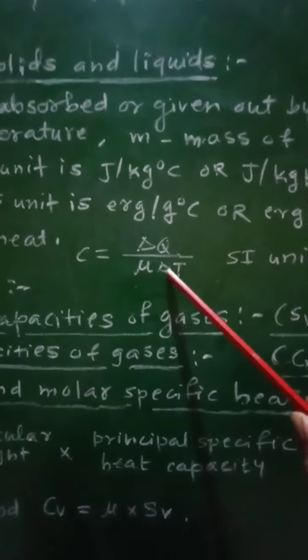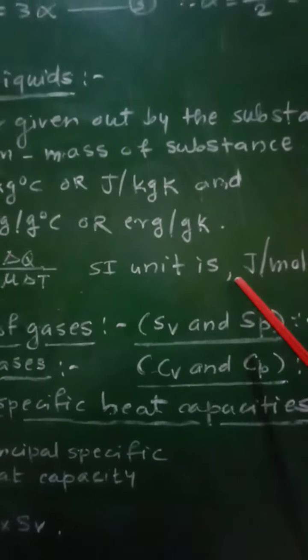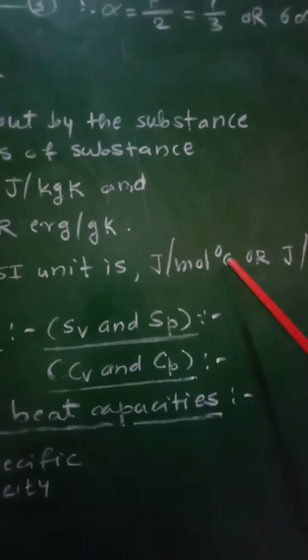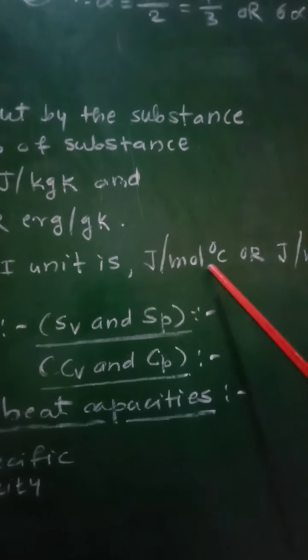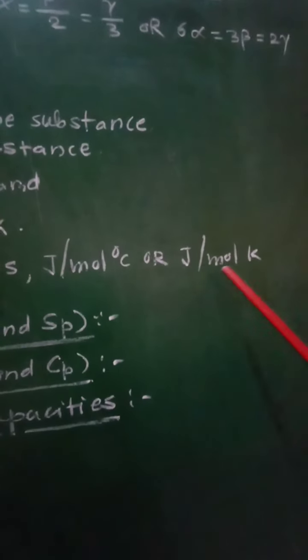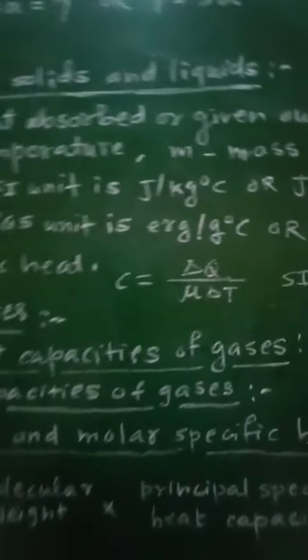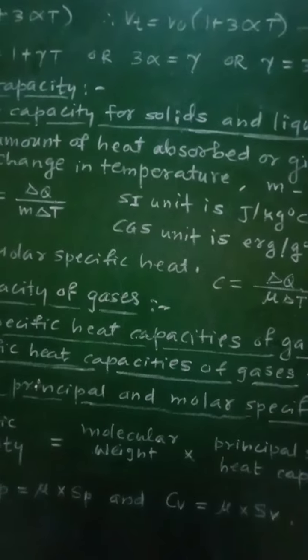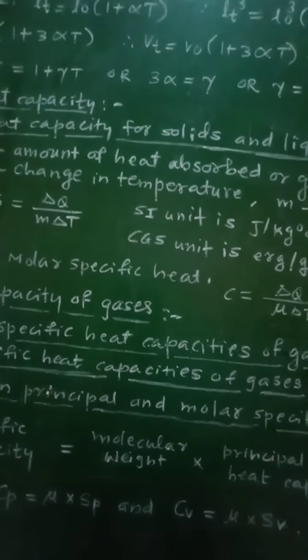From this formula, the SI unit of molar specific heat is joule per mole degree Celsius or joule per mole Kelvin. In this way, the specific heat capacity of solids or liquids is defined.